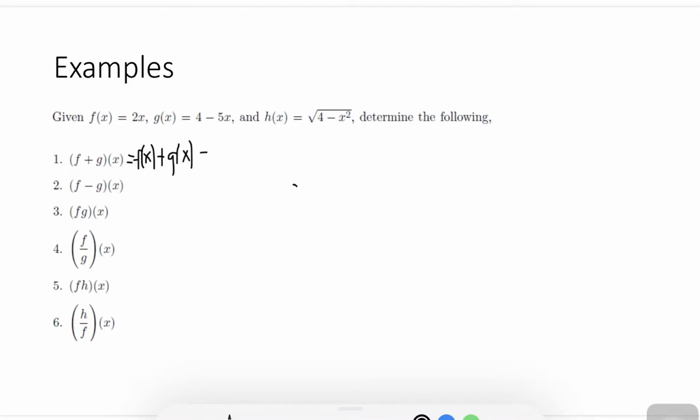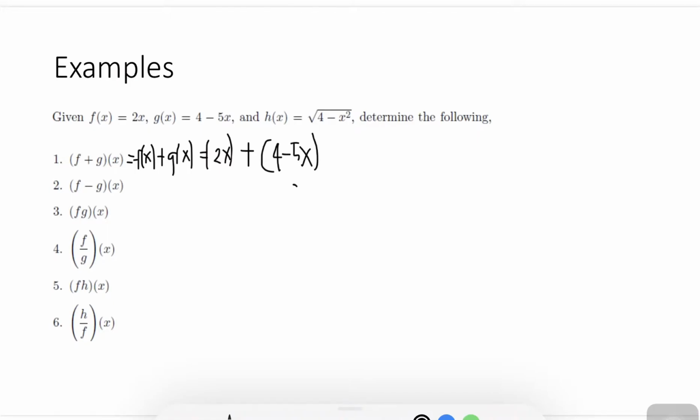Okay? So what is our f of x? 2x. Okay? Plus, what is our g of x? Plus 4 minus 5x.